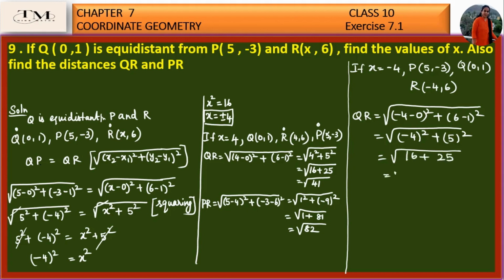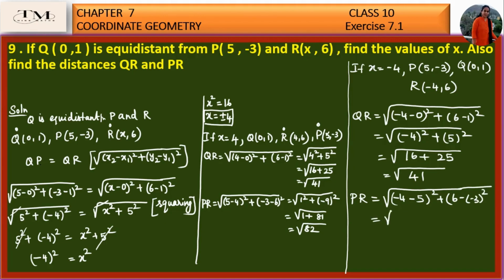So which is equal to root of 16 plus 25, which is 41. Next, we have to find PR. What is the difference between the x coordinates? It is minus 4 minus 5 whole square plus 6 minus, y1 is minus 3, whole square.